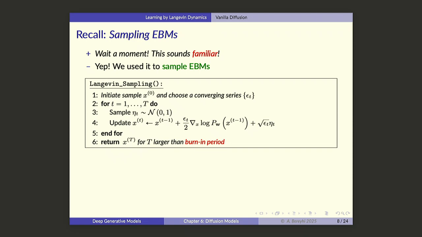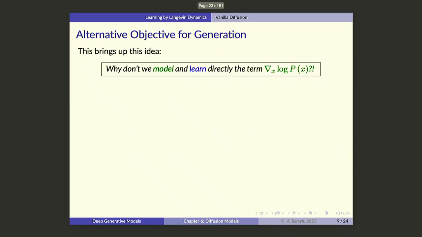So if you want to use this idea to generate your sample, again, you don't really need the distribution. You don't need to learn the distribution itself. You can just learn the gradient of log of the distribution, right? If you know that guy, then you can put it here inside this equation, and then you can sample from the distribution, right?